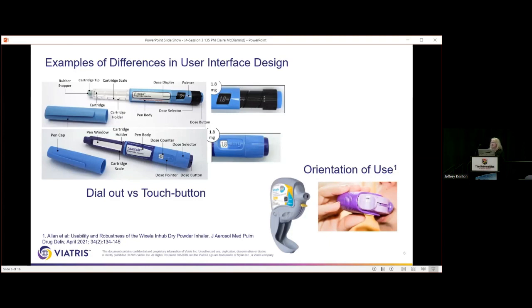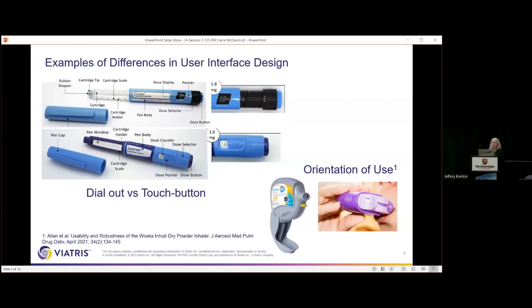This is something that's restricted by patent and can often be the sole other design difference in a pre-filled pen, which obviously requires further investigation in consideration of the risk profile of the product itself, the mechanism of action and the mechanism of the user interface.